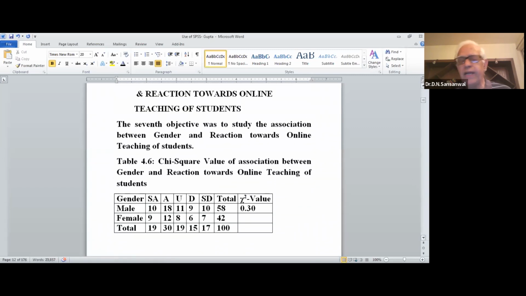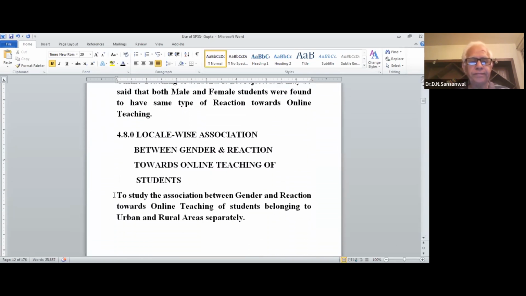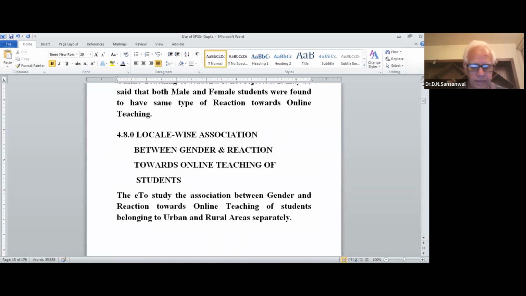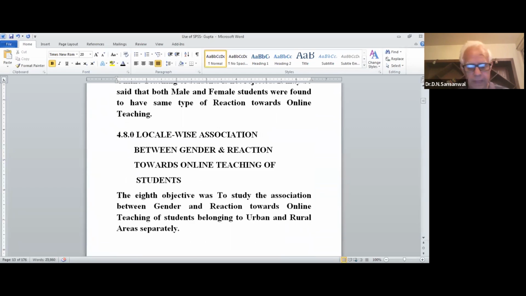Here the eighth objective was to study the association between gender and reaction towards online teaching of students belonging to urban and rural areas separately.